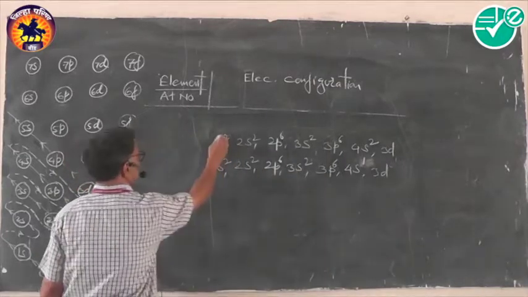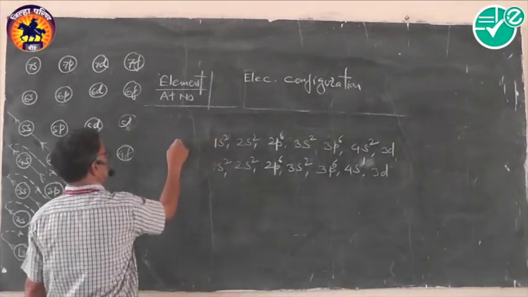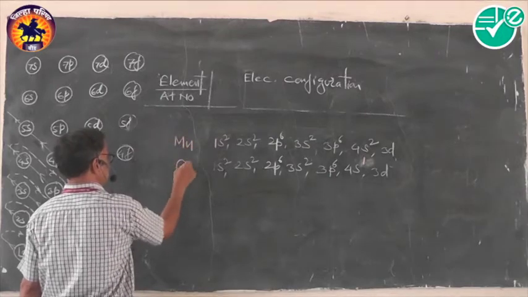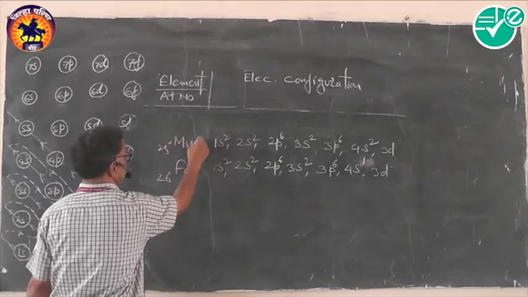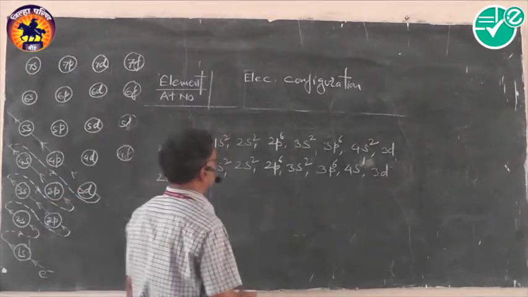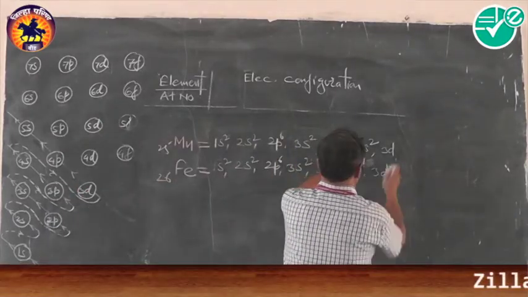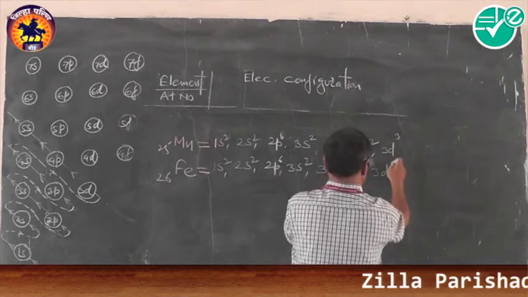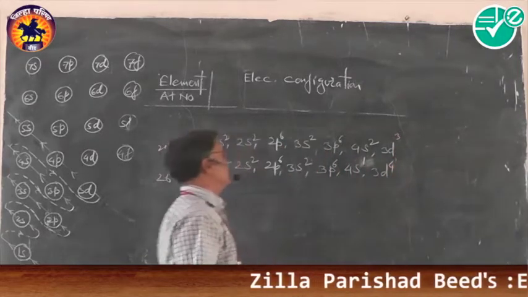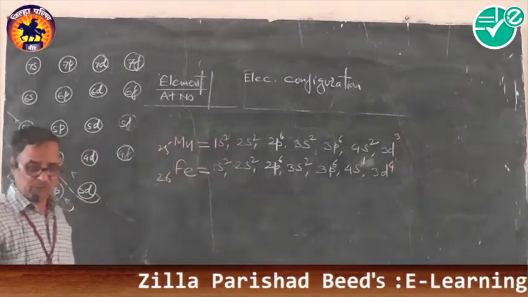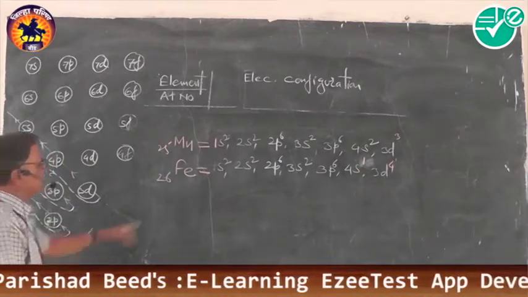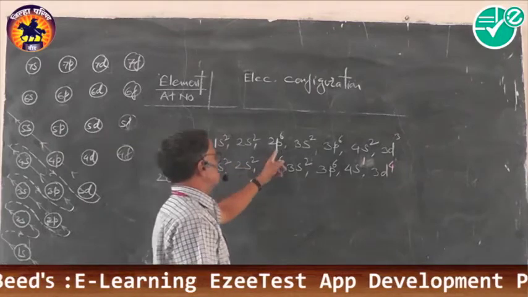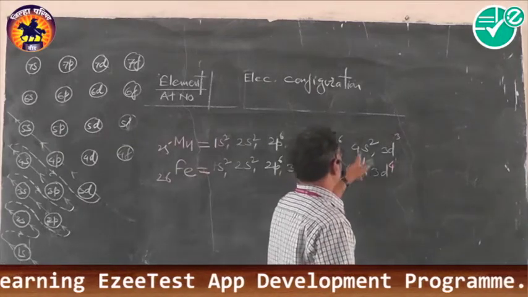Then after chromium, the 25th, that is manganese, and the 26th, that is iron. These two elements show a normal electronic configuration, that is 1s2, 2s2, 2p6, 3s2, 3p6, 4s2.